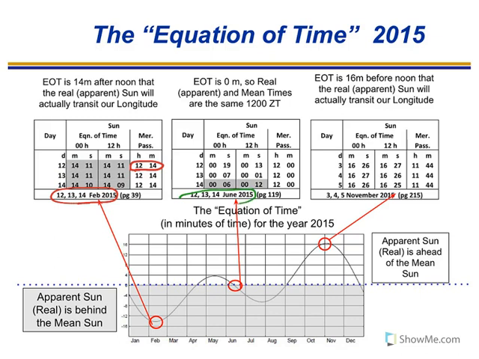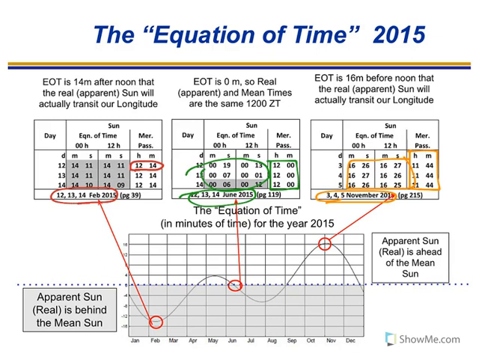Once you get to around mid-June, you can see that now these are all synced up. So the mean sun and the apparent sun are the same. And then once we get into early November, we can see that the apparent sun is really ahead of the mean sun by about 16.5 minutes.